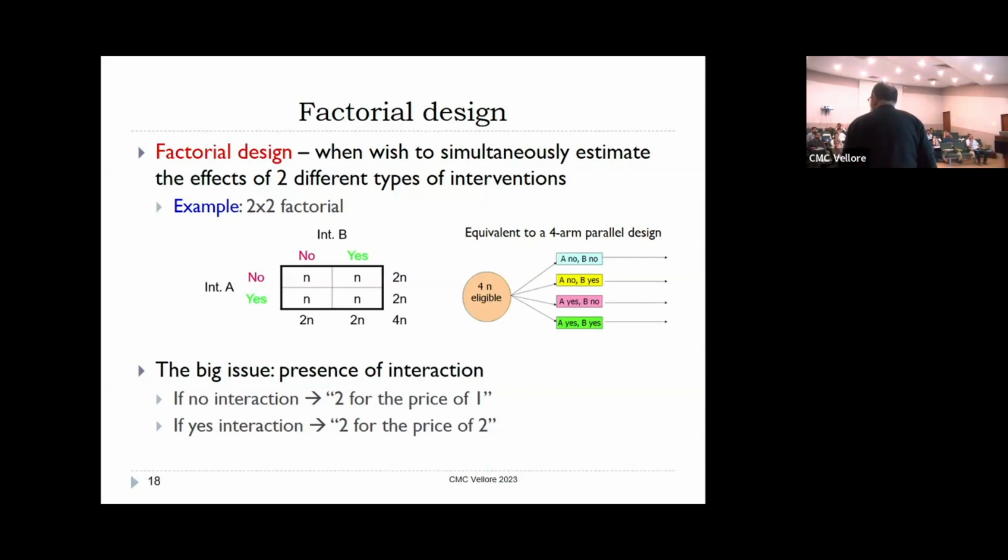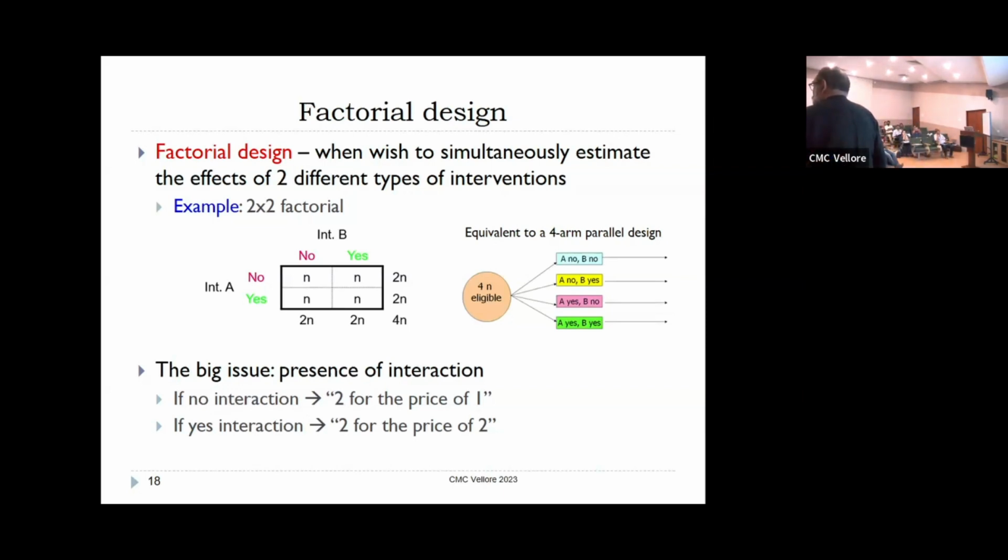If there is interaction, though, now you have to look at the effect of A when you're getting B, and the effect of A when you're not getting B, and the effect of B when you're not getting A, and the effect of B when you are getting A. So now you have to do two for the price of two. And so you have to get enough numbers. So you don't get the benefit of answering two questions with the same sample size if there is interaction.